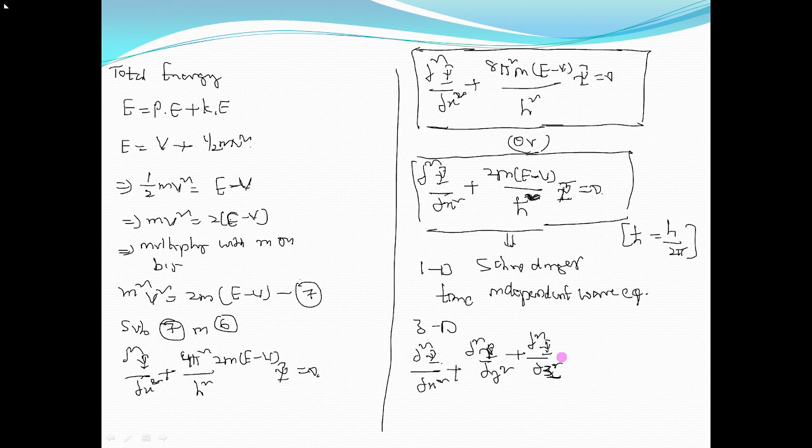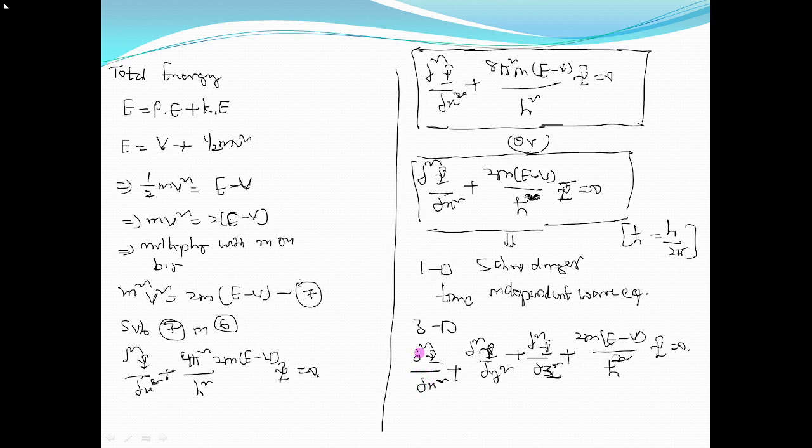So instead of x, we have written all the 3 coordinates.